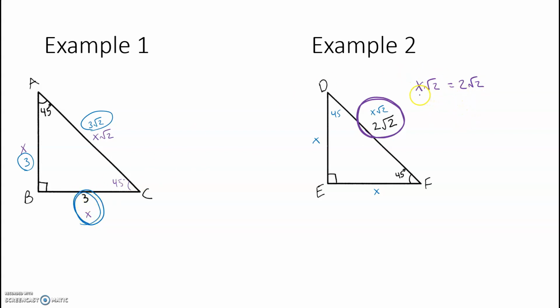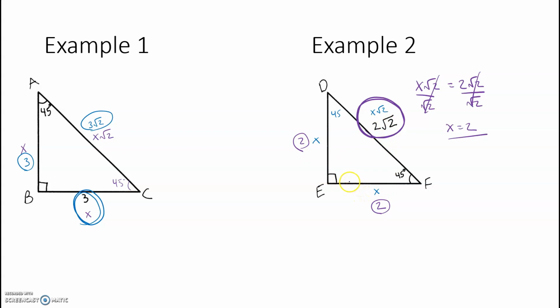Here you've got to do a little bit of math. We're going to divide both sides by the square root of 2. And you get x equals 2, which means x equals 2, and x equals 2. So your hypotenuse is 2 root 2. And those are your missing side lengths.